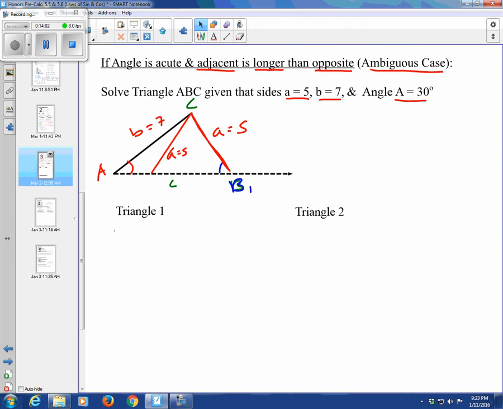And that gives us a second triangle with an obtuse angle B that we'll call angle B2. So let's take these two triangles and separate them.